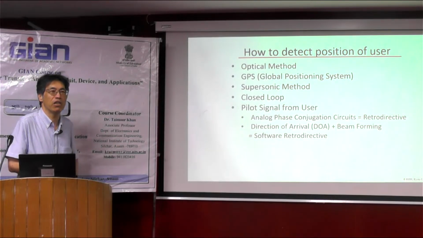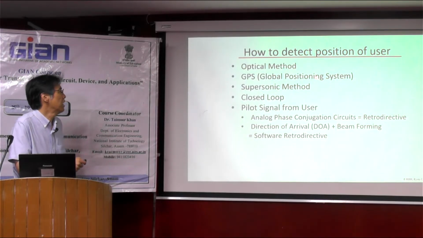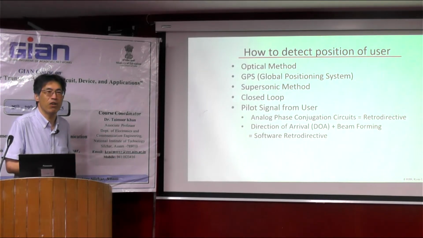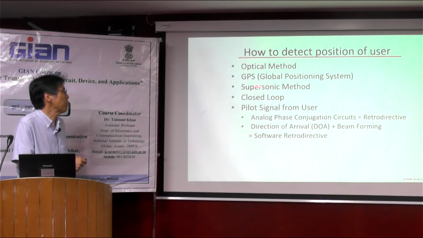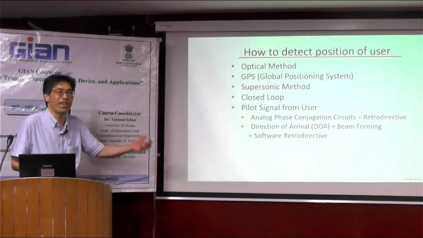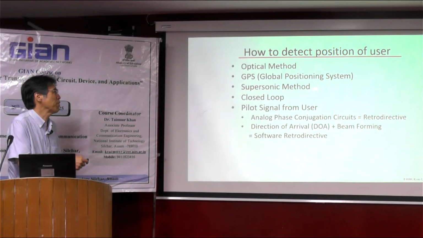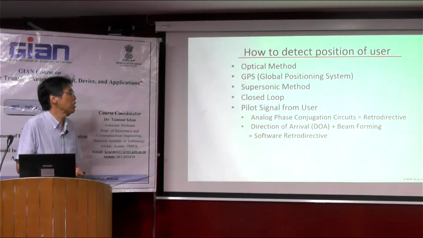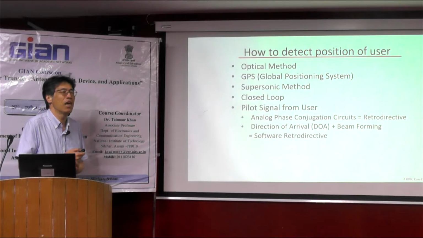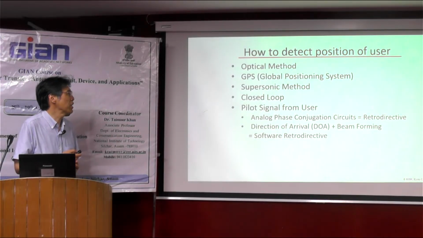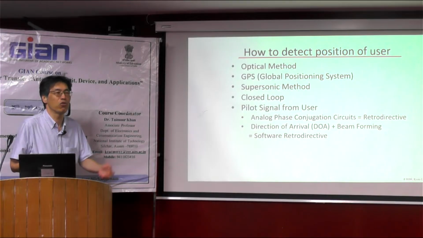Now we have AI technology or others. Someone considers GPS, we can use it. And for golf players, they use supersonic technology. Of course we can use these target detecting technologies, but I think they are not the best. I'd like to introduce that later.